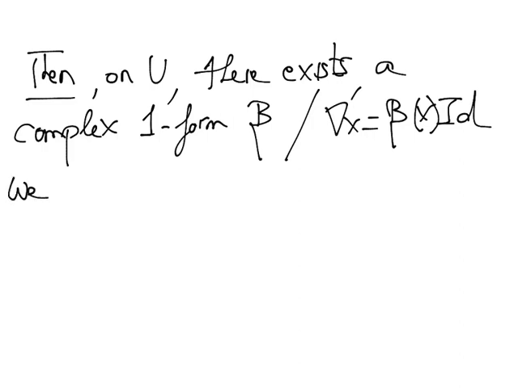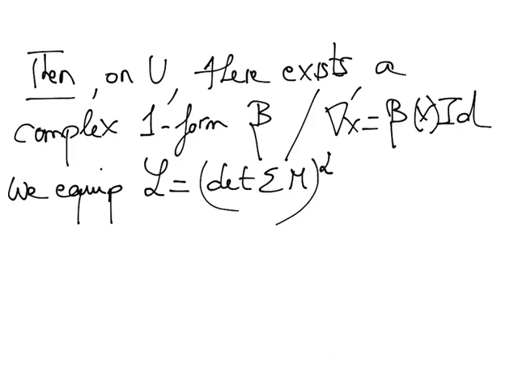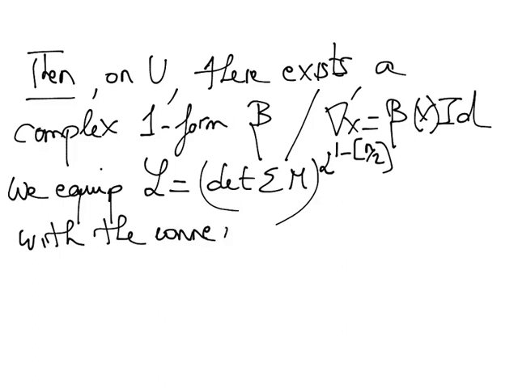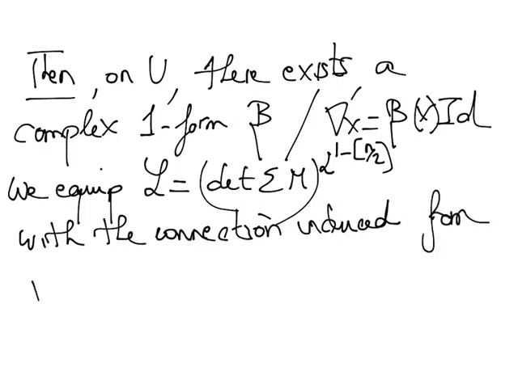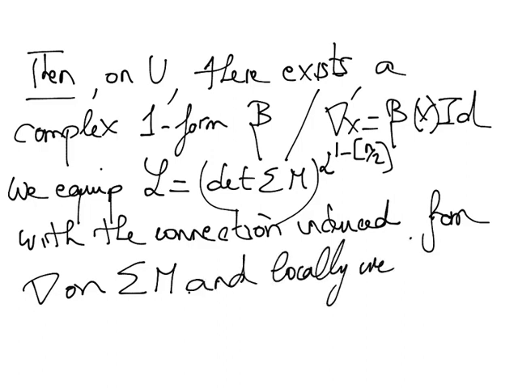So now we equip the auxiliary line bundle one more time, which is the determinant of sigma M to the power 2 to the integer part of 1 minus n over 2, with the connection induced from nabla on sigma of M, and locally we have, just a simple calculation.